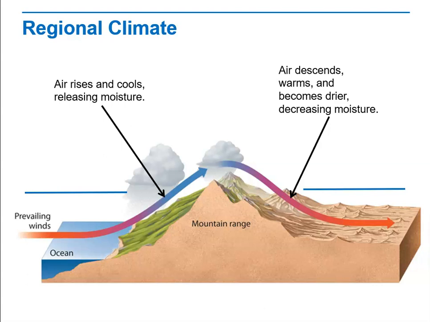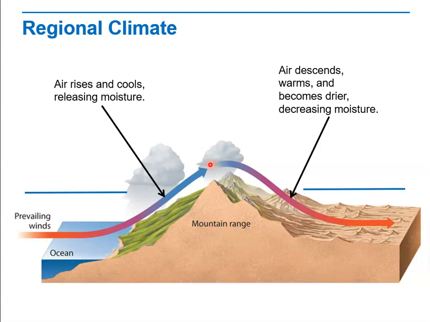Oregon borders the northern Pacific Ocean, where cold surface currents cool and humidify the winds blowing over them from west to east. That means that there are cold surface currents that absorb that moisture. That moist air hits the Cascade Mountains, it's pushed upwards, and it cools, causing the moisture that it carries to condense and form clouds.